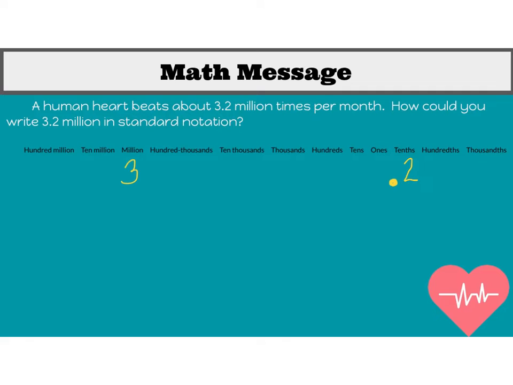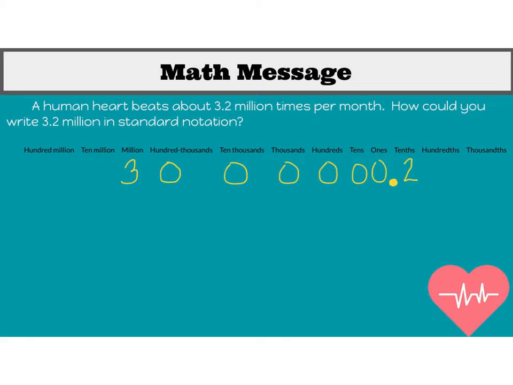What do we do for all of the other places? We insert zeros. So a 0 would be in the 100,000s, the 10,000s, the thousands, the hundreds, the tens, and the ones. That's how we would write that in standard notation. Standard notation is just the regular way that we would write a number.